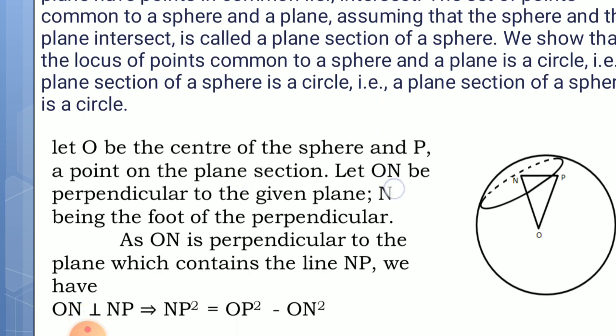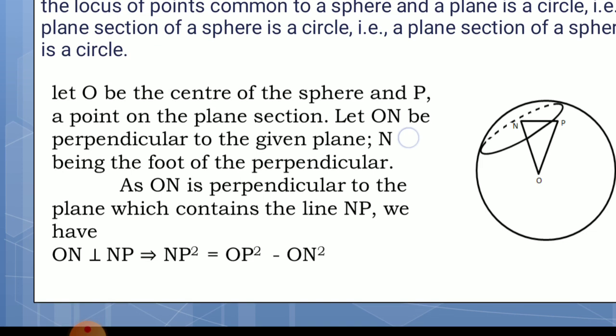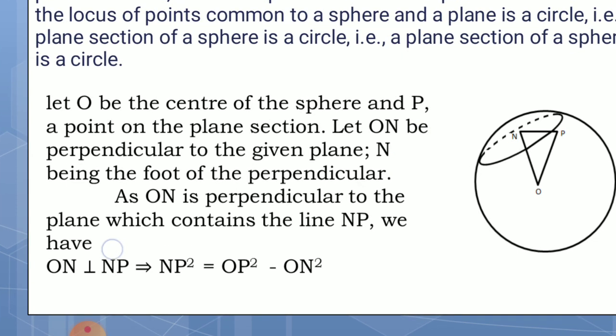And then by Pythagoras theorem, we can consider NP square is equal to OP square minus ON square. Here OP square is constant because OP is a radius of the sphere, and ON is a perpendicular distance from the center on the plane, which is also fixed.